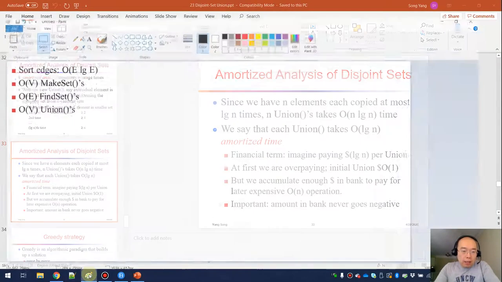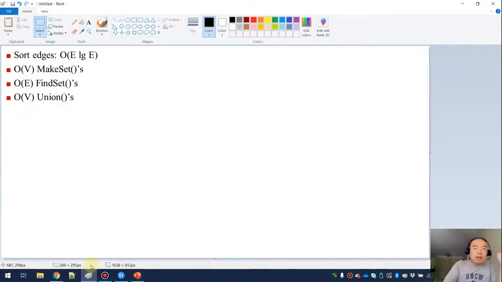Okay, so if we go back to this part, those are the four components of the Kruskal algorithm. The first one is O(E log E), and we don't have to make any changes, so that is O(E log E) for sure. Then we have O(V) multiplied by make set, and make set is constant time.